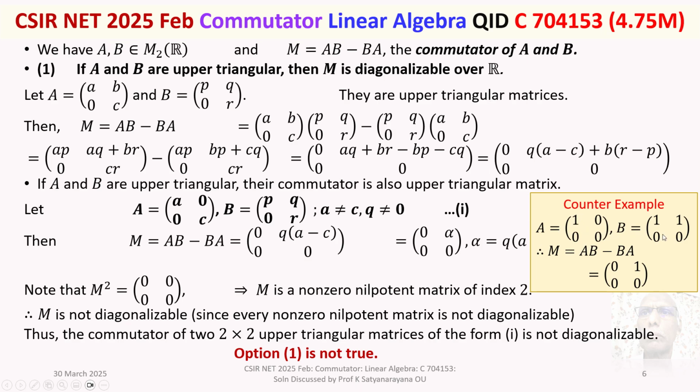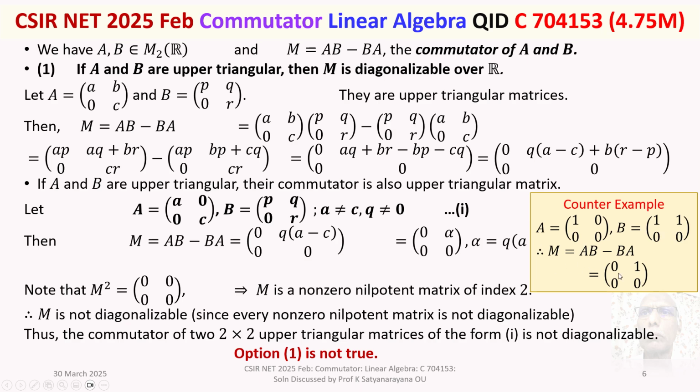Now take these two matrices only. They are upper triangular matrices and each is diagonalizable because A has eigenvalues 1, 0, distinct eigenvalues. B also has distinct eigenvalues. So therefore, both are diagonalizable.